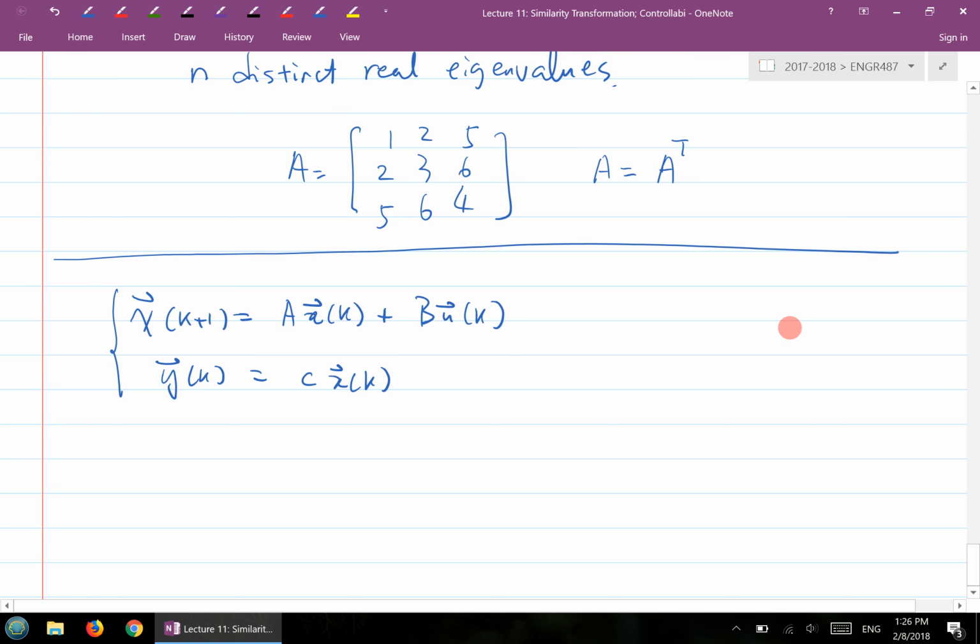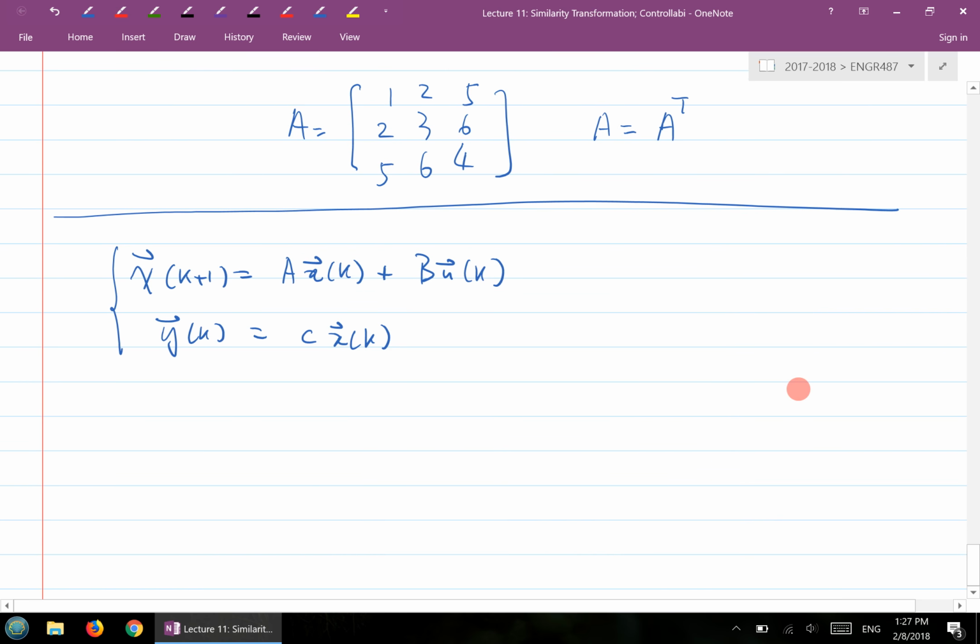Now I'm going to apply the similarity transformation. We choose a transformation matrix P, and apply P inverse to x of k.